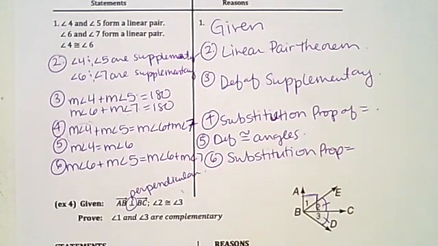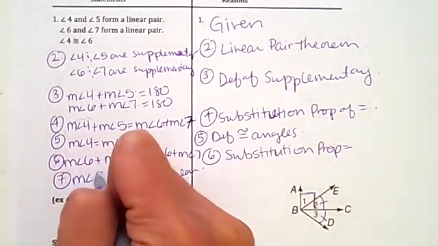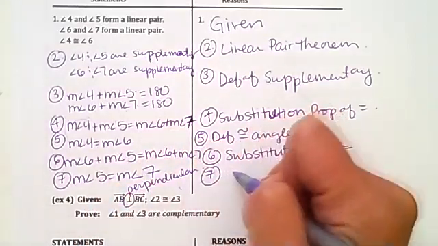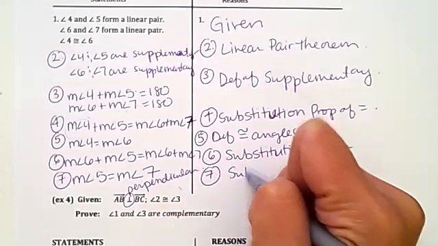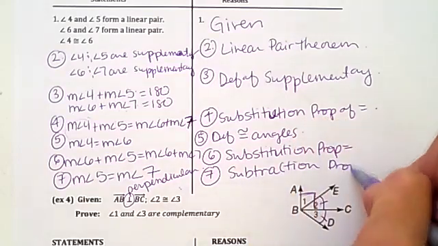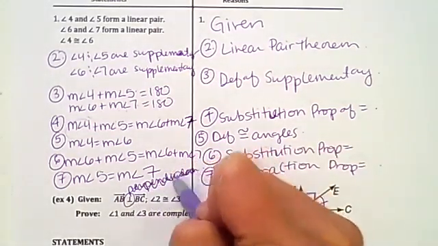Now that I have 6 on both sides, I can subtract 6 from both sides, and then I'm left with measure of angle 5 equals measure of angle 7, which is subtraction. I'm just going to cross this off for now because it's really bothering me.